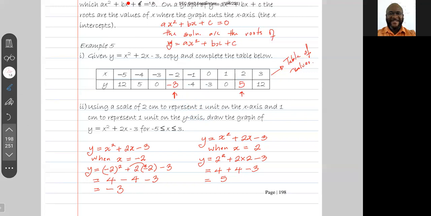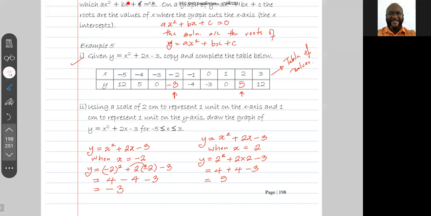So we have done part I, now we're at part II. Part II says, using a scale of 2 centimeters to represent 1 unit on the x-axis and 1 centimeter to represent 1 unit on the y-axis, draw the graph of y is equal to x squared plus 2x minus 3 for x less than or equal to 3 and at the same time x greater than or equal to minus 5.